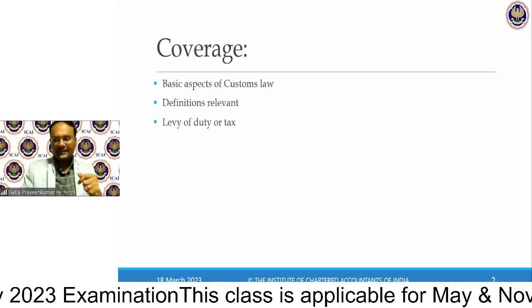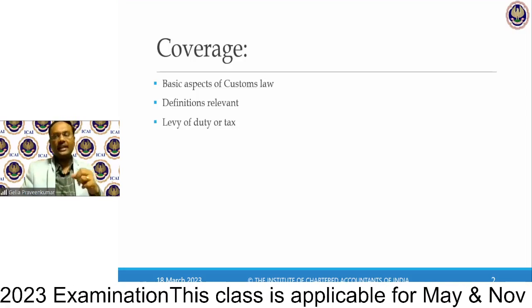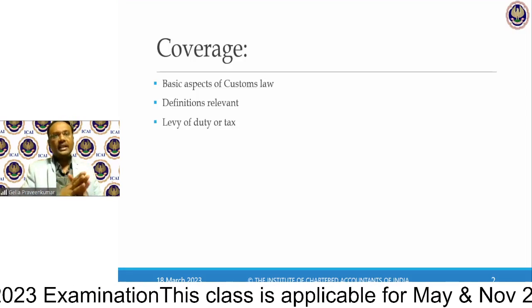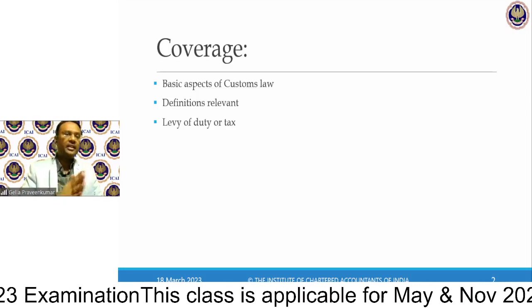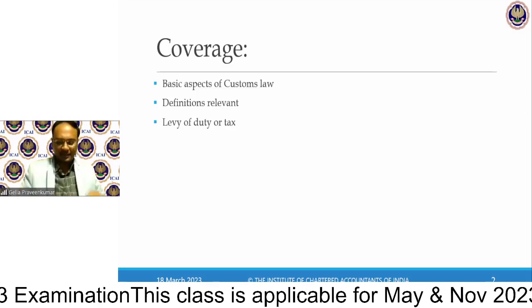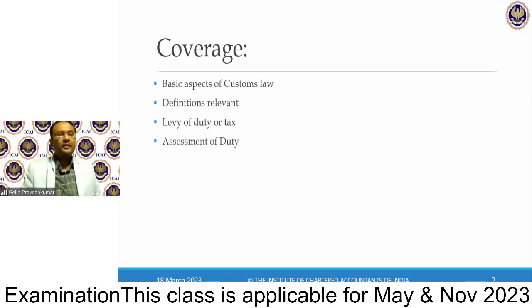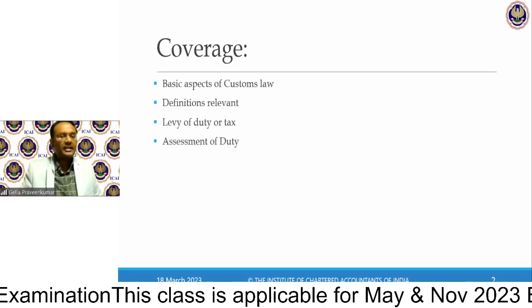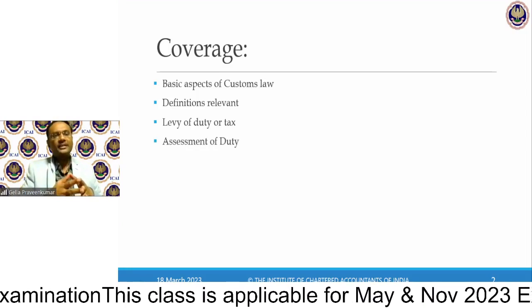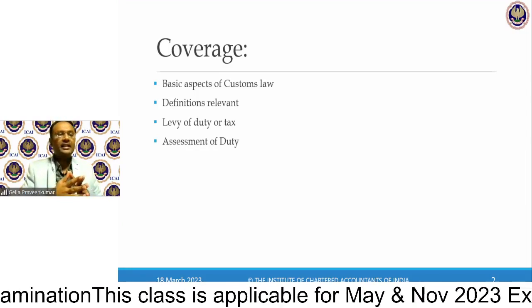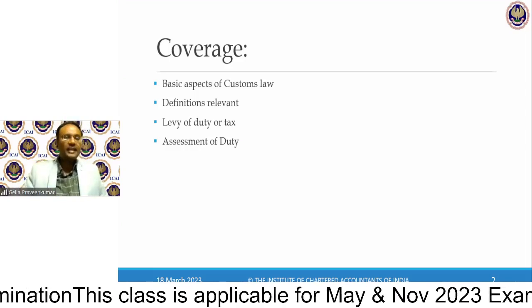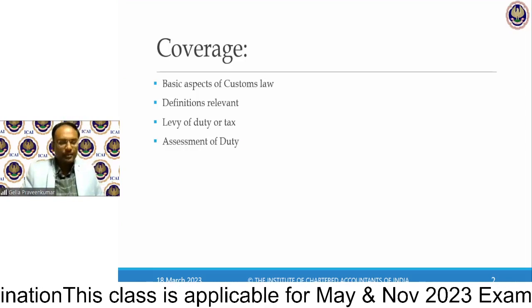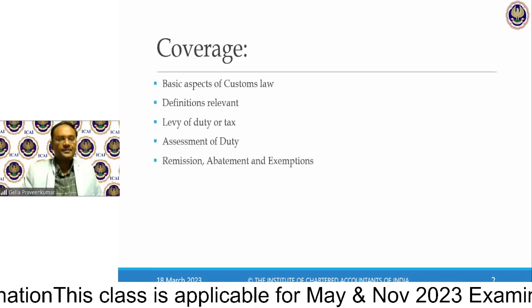I'll make you understand the process of levy under customs law, like what is connected with levy of duty under customs law. Assessment of duty in the process of levy, I'll make you understand what is the process involved in determining something called assessment of duty, how we will calculate the duty payable on imports or exports.